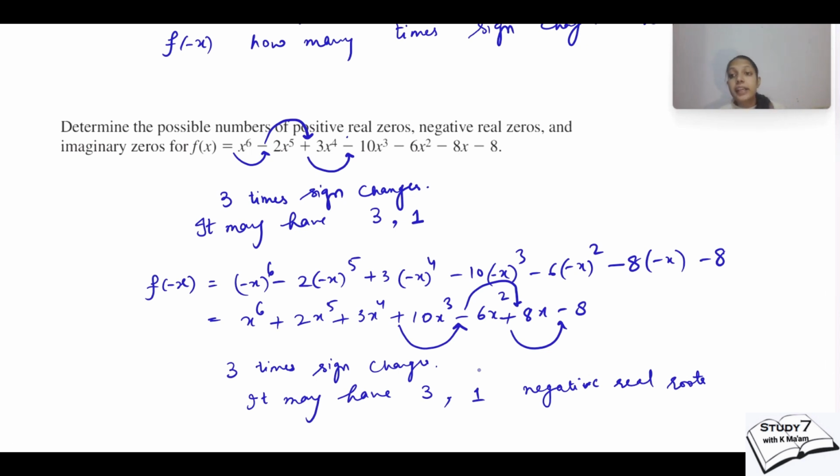Now check imaginary. Imaginary roots in a polynomial with real coefficients always occur in pairs. So how many pairs can you form?